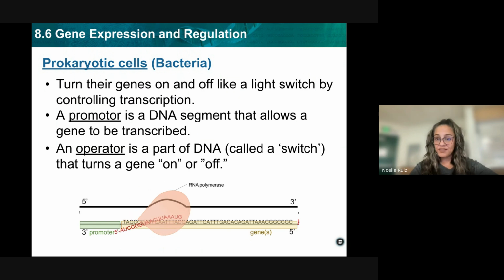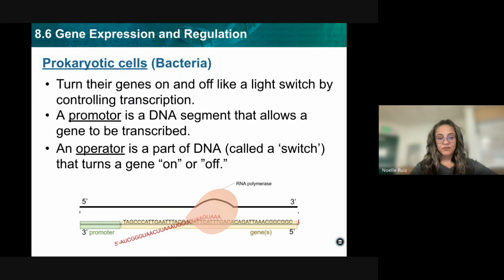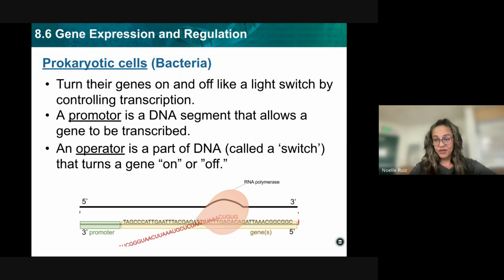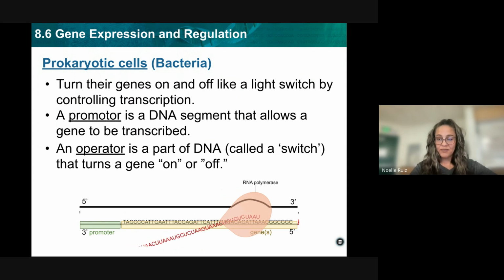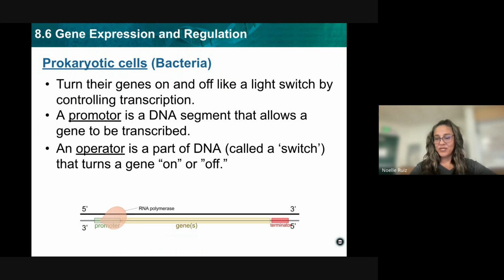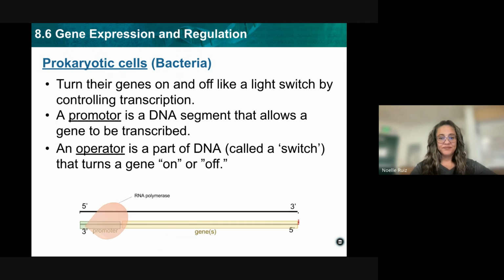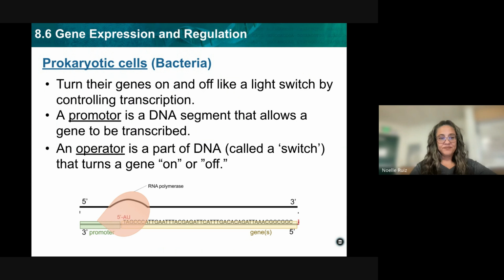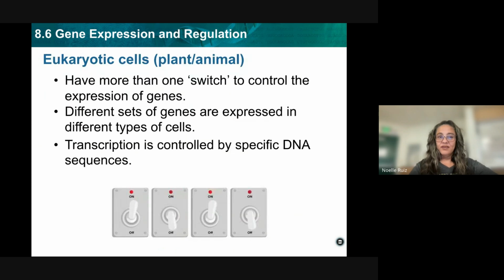And it depends on what the cell needs. Our bodies and prokaryotic cells, they don't waste time transcribing genes that we don't need. It's a waste of our energy. Eukaryotic cells, we are actually more complicated. They have more than one switch to control the expression of genes.